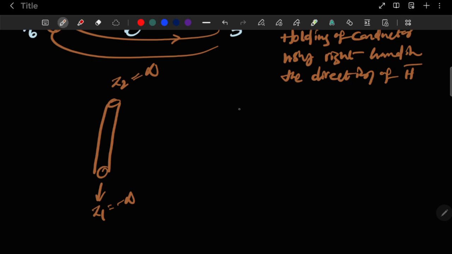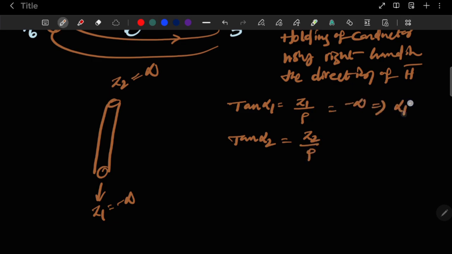Then we have equations for tan alpha 1, that is given by Z1 by rho. Tan alpha 2 is Z2 by rho. So it will become minus infinity. That means alpha 1 is becoming minus 90 degrees. Tan alpha 2 will become infinity. That means alpha 2 will become plus 90 degrees.